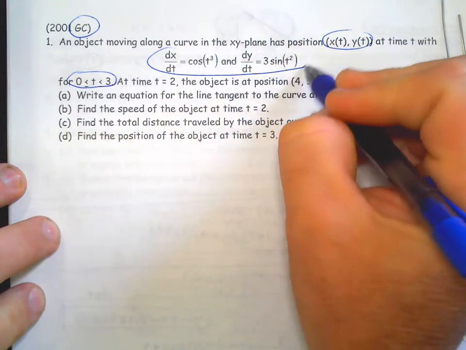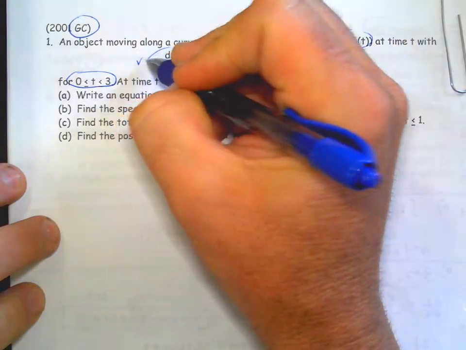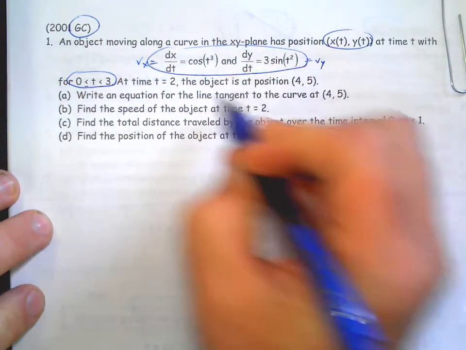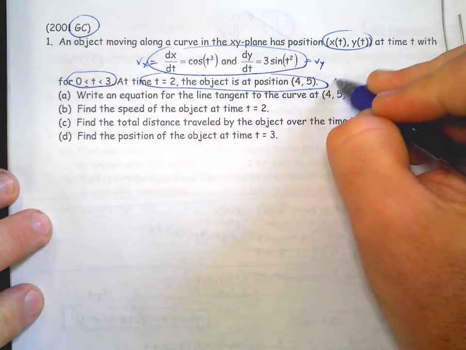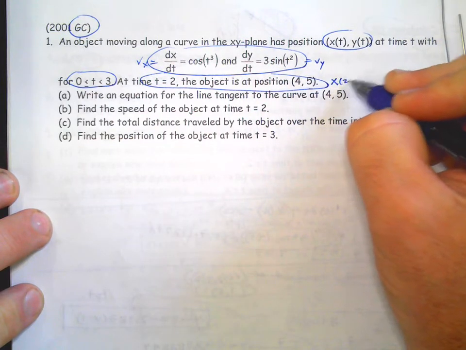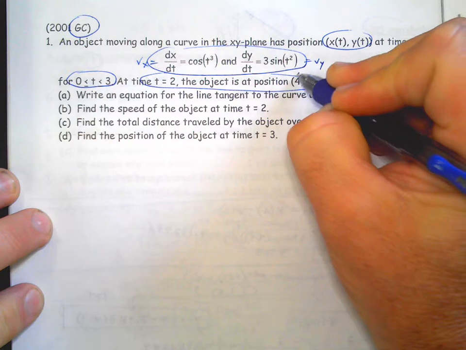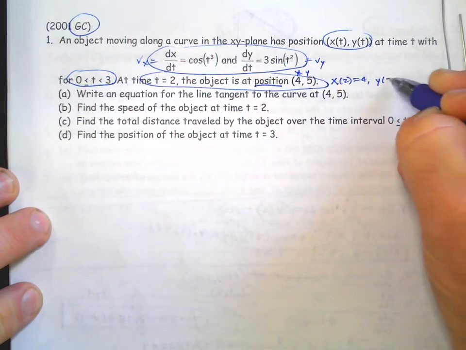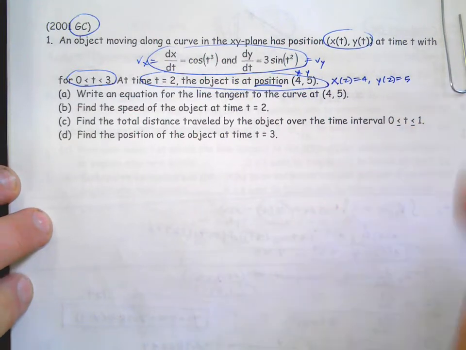They're giving you the velocity equations, and at time 2, they're giving you a position. So this is an initial condition. At time 2, x is 4, and this is the xy position, and y(2) is 5. So you're probably going to need those at some point.